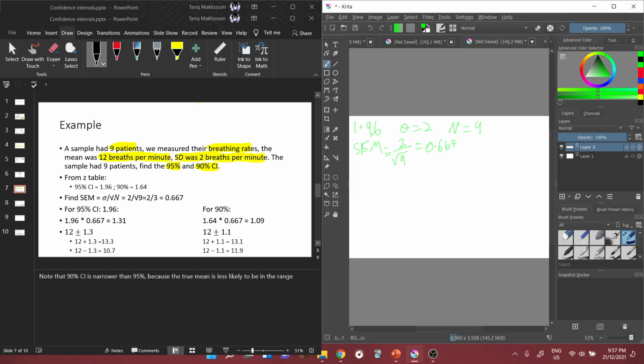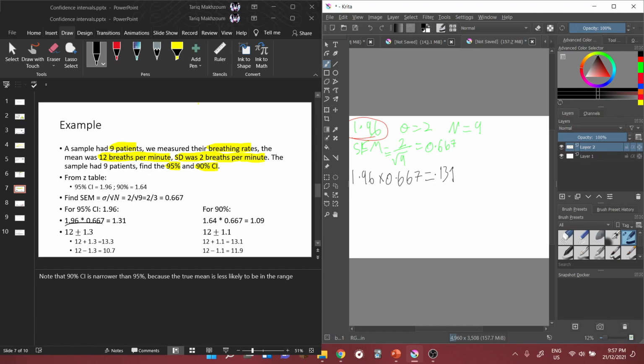So what we can do then is take 1.96, which is our z value, and do 1.96 times 0.667, and that's going to be 1.31.